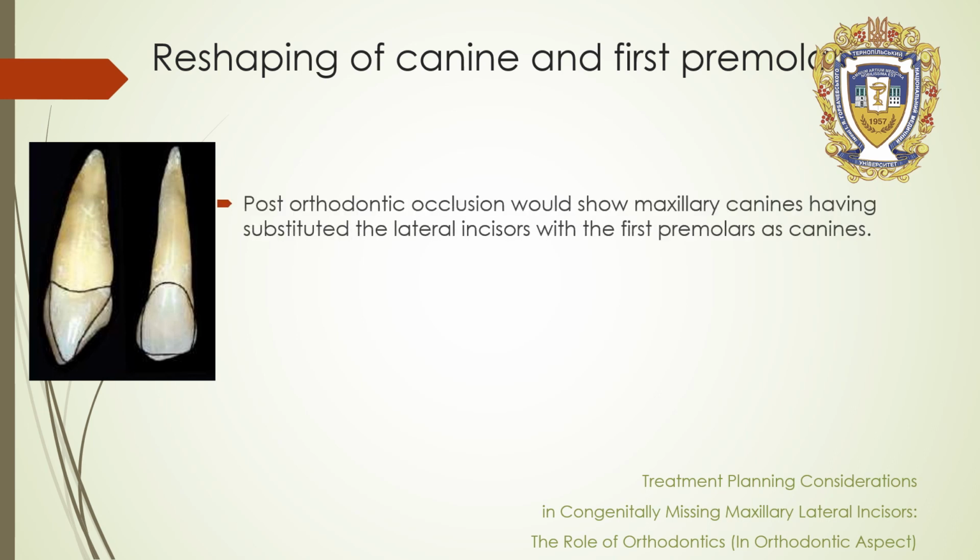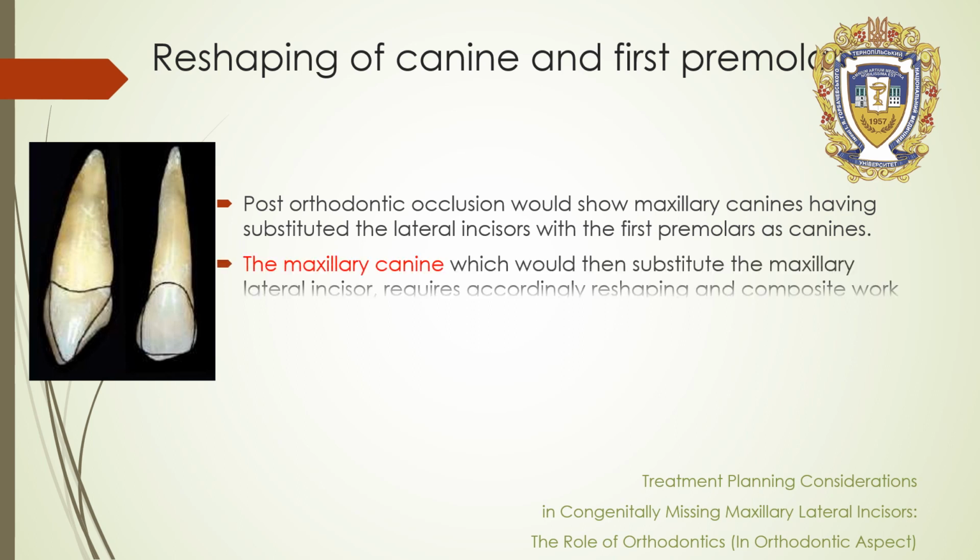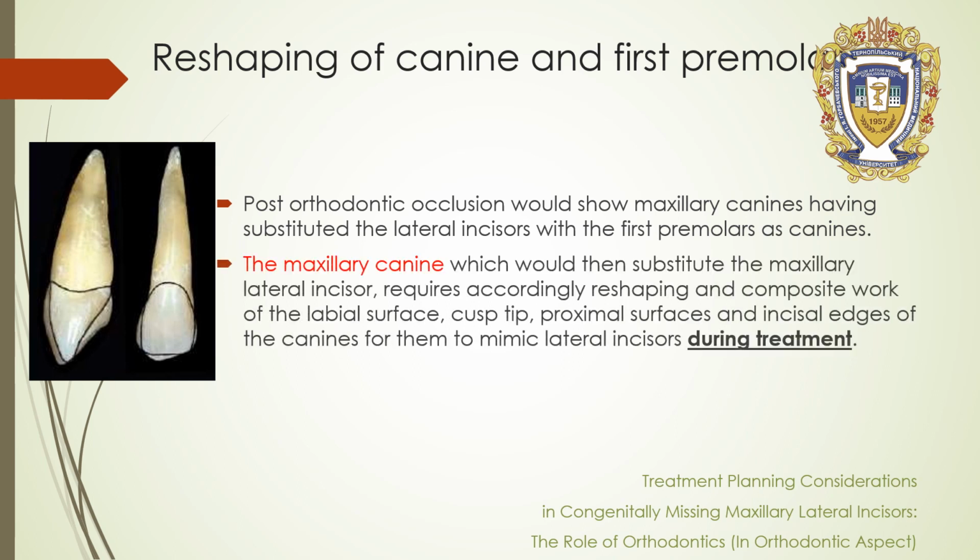Post-orthodontic occlusion would show maxillary canines having substituted the lateral incisors, with the first premolars as canines. The maxillary canine, which would then substitute the maxillary lateral incisor, requires accordingly reshaping and composite work of the labial surface.